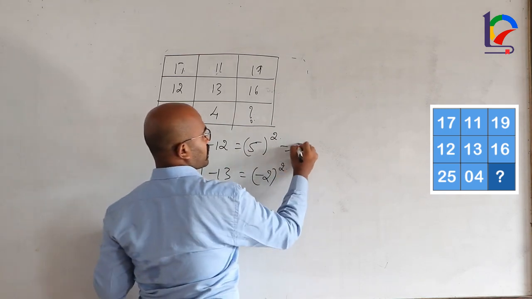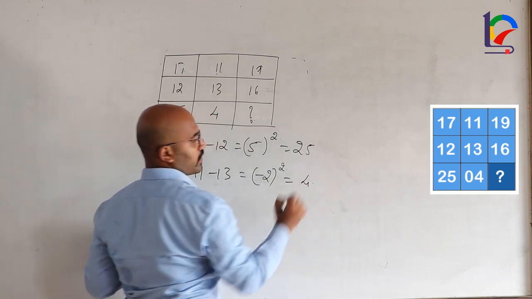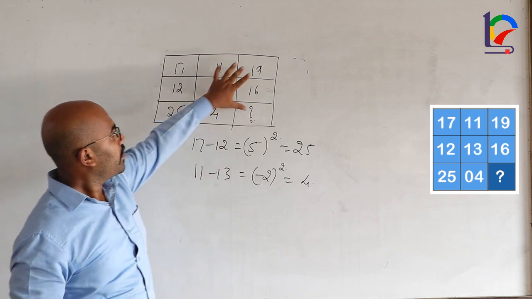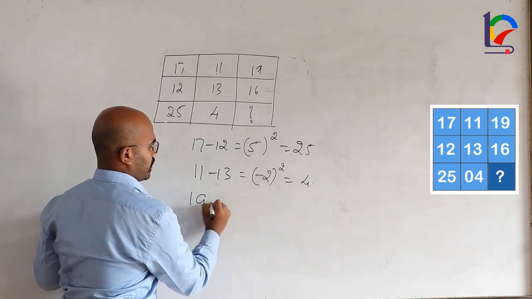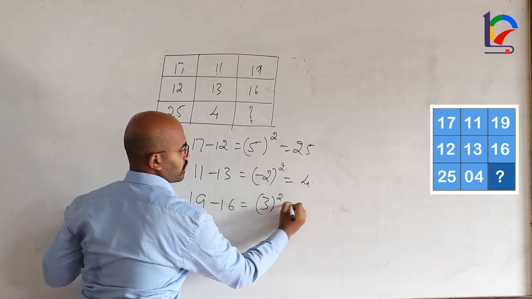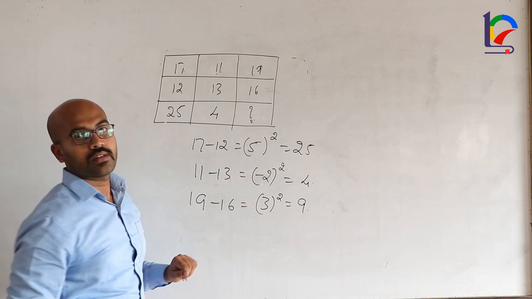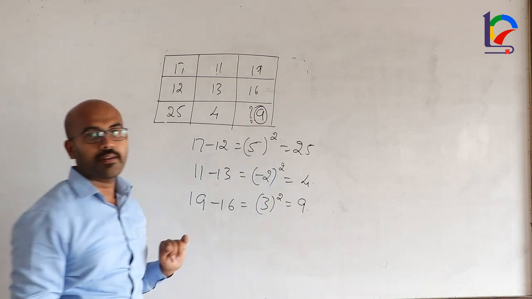So 5 square is 25. Similarly, minus 2 square is 4. So I guess we can solve this. Here it is 19 minus 16 is 3. Square is 9. So the answer here is 9.